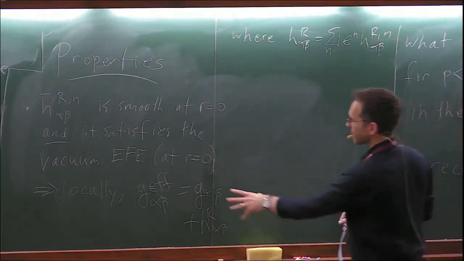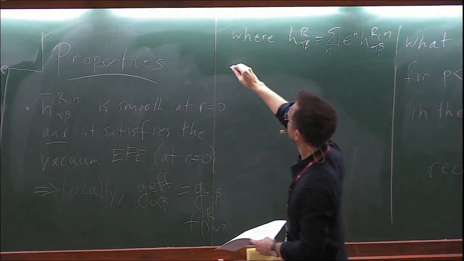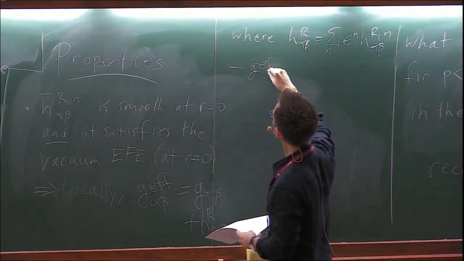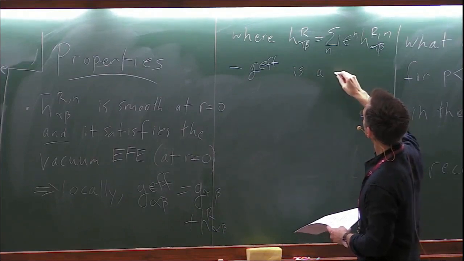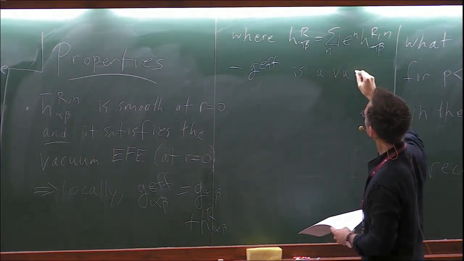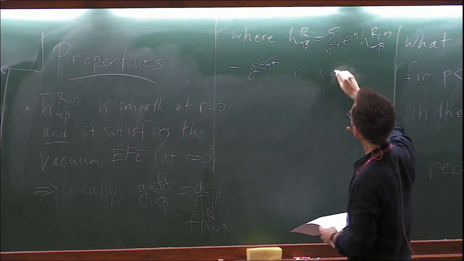So we can define this effective metric, g effective, which is a smooth vacuum solution.